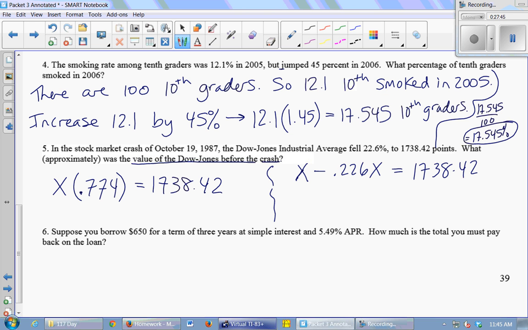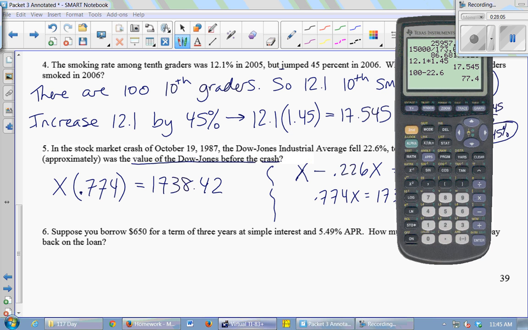And then you just have to combine like terms: 1x minus 0.226x gives you 0.774x. So all I have to do is 1738.42 divided by 0.774. $22.46.